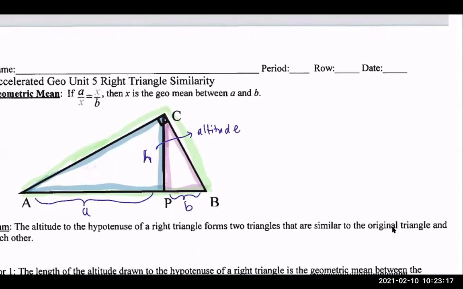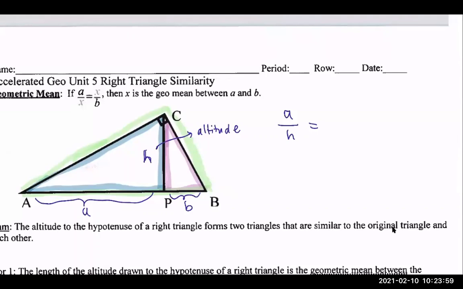Okay, so when we're comparing the medium triangle to the short triangle, and I'm comparing the long leg, the long leg of the blue triangle, if you watch my cursor, to the short leg would be this to this, or A to H. Let's write that out, A to H. The long leg to the short leg is equal to, the same ratio on the other side.